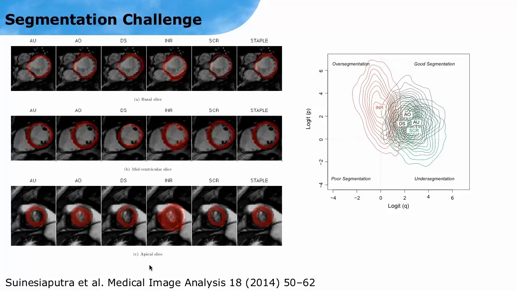And this is the real power of a benchmark data set. So benchmarking and challenges are a really good way to accelerate a field. And this field is going to benefit from having data sets which people have contributed for the purposes of algorithm development.